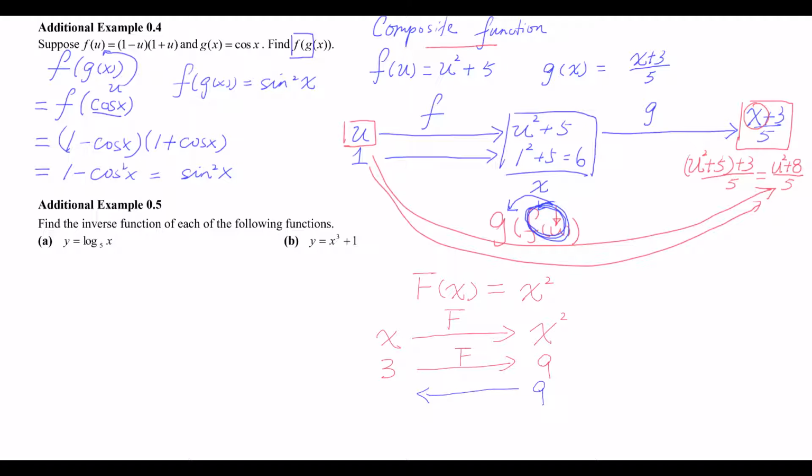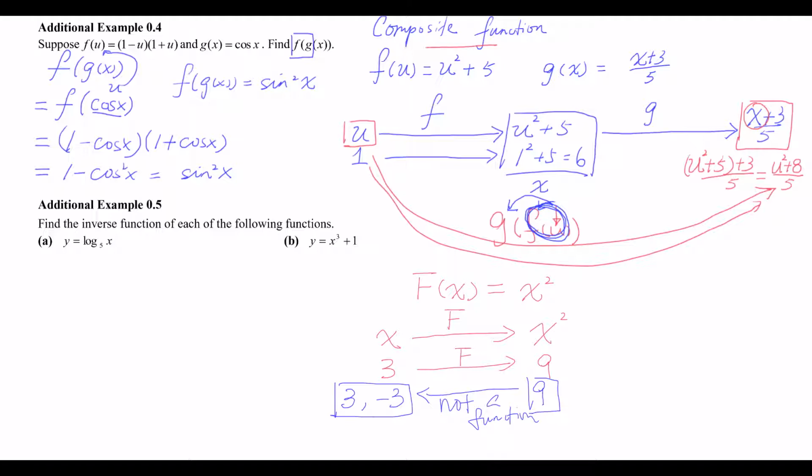You should be able to get 2 results instead of 1: 3 and minus 3. 3 squared is 9, and the square of minus 3 is also 9. Therefore, if I go backwards like that, I am given one value but at the end I get 2 results. So in this direction, it is not a function.